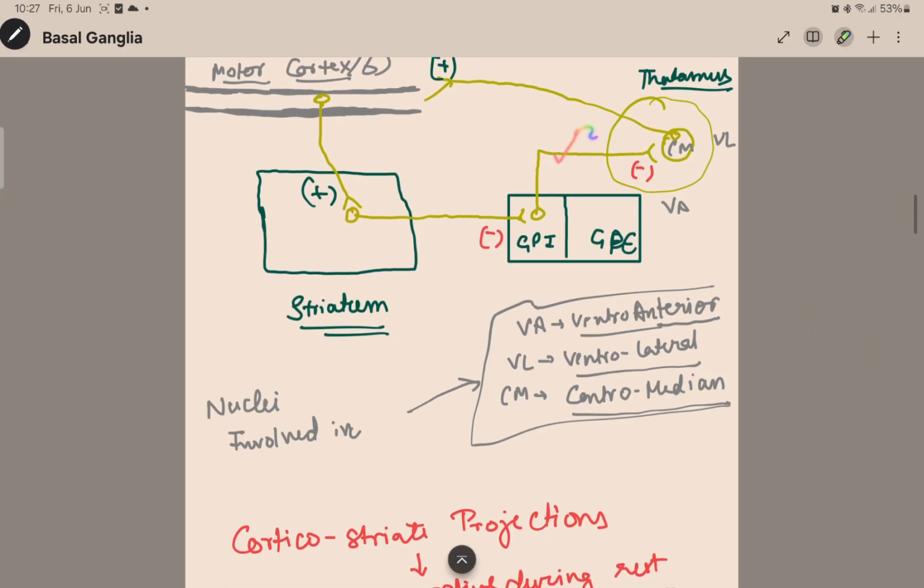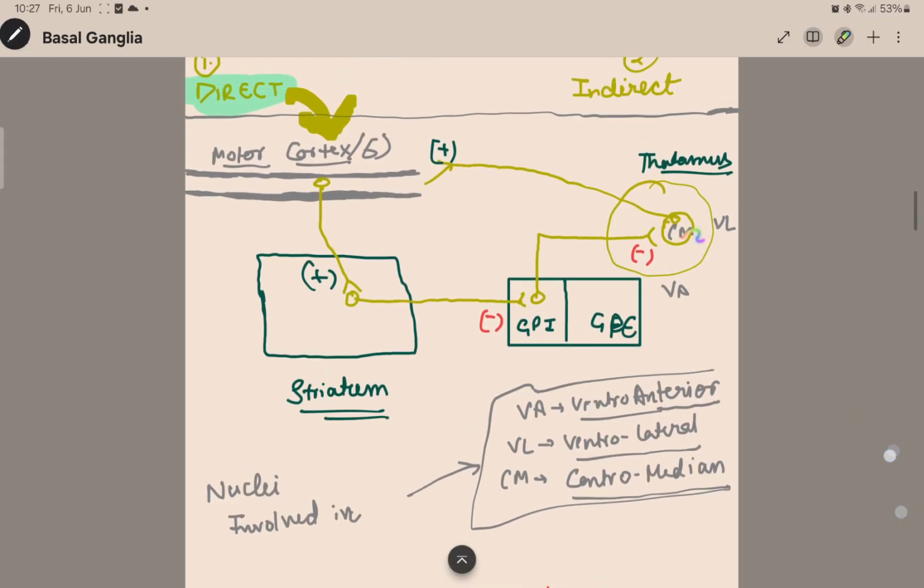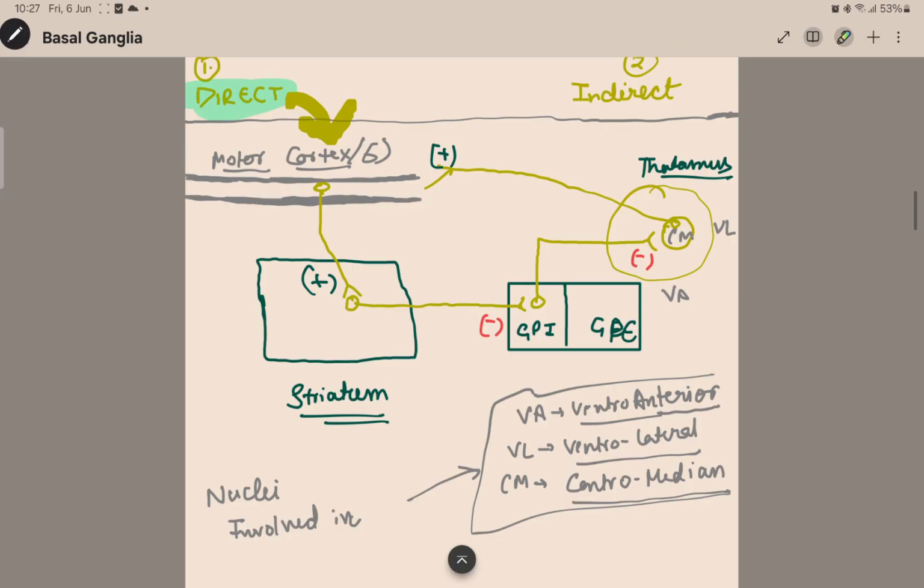This pallidothalamic projection inhibits the movement, and so it does not allow us to do a movement if we don't think to do so.